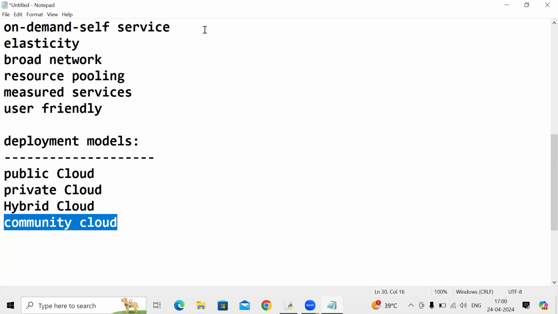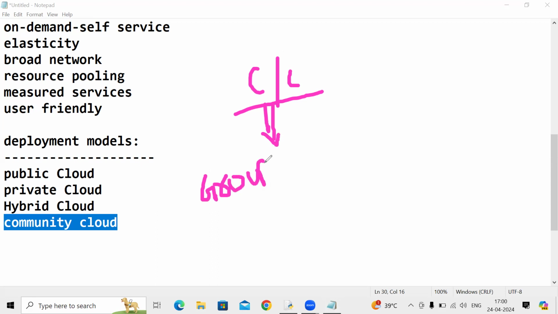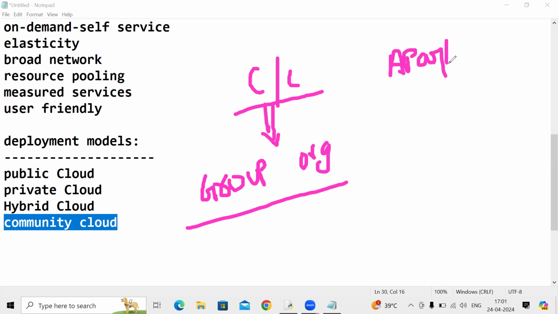Community cloud is nothing but a group of organizations and a group of people maintaining this cloud. For example, if we take one apartment, some people will stay in this apartment.